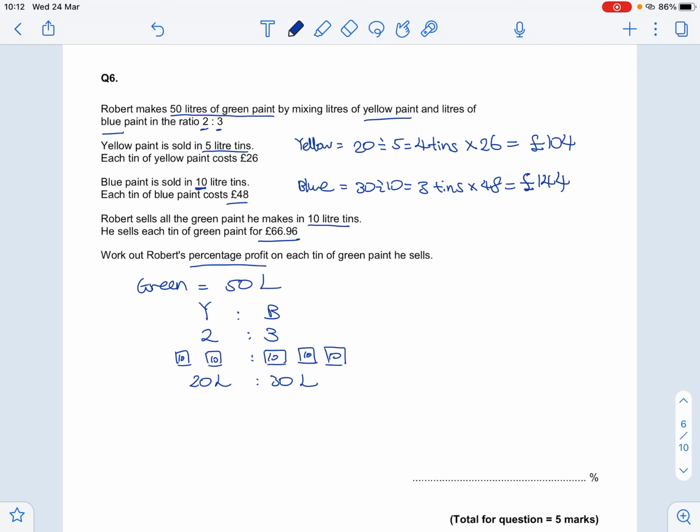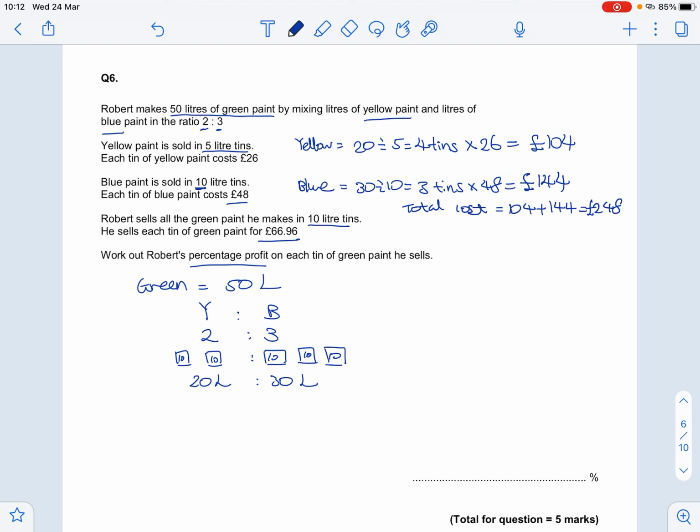Then the total cost for mixing them together equals 104 plus 144, which is £248. So that's the total cost.